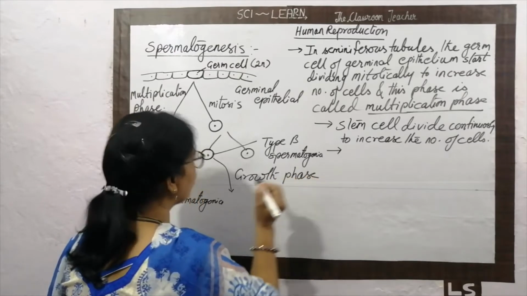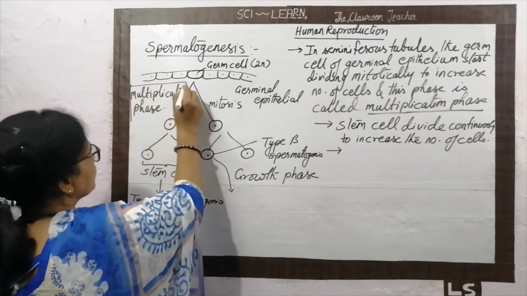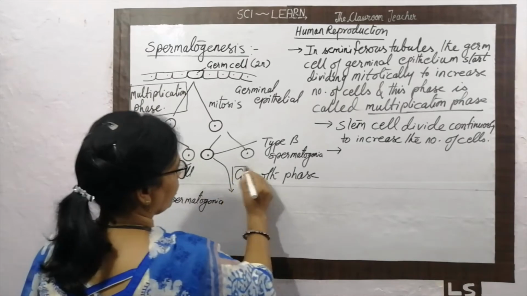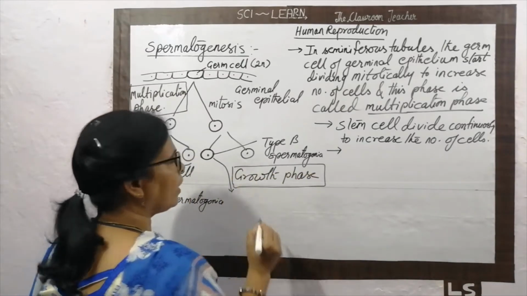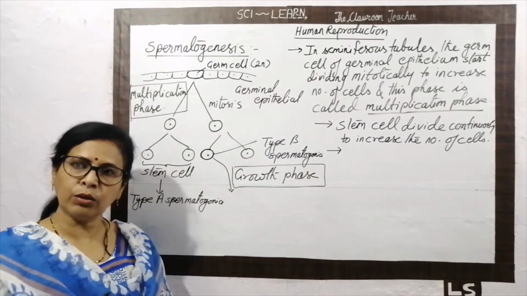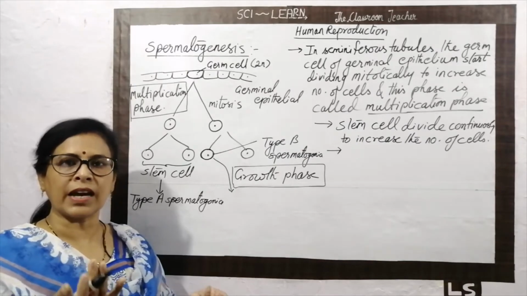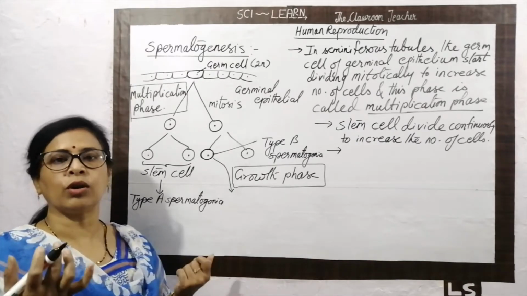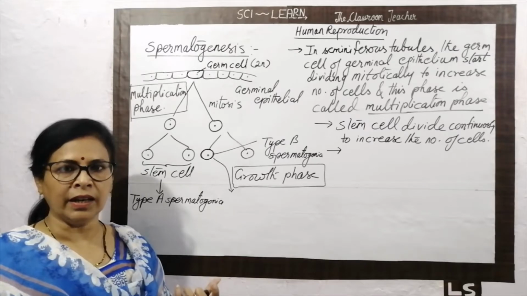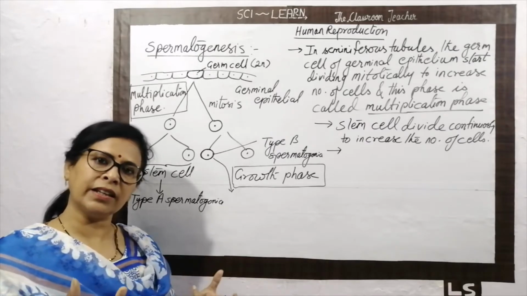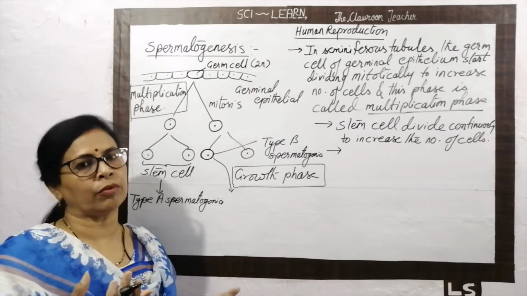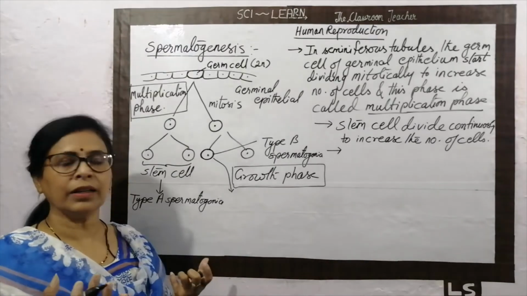Now what happens in the growth phase? Growth means only enlargement of the cell. The size of the cell increases. That is called the enlargement of the cell. And for enlargement, where does the cell get the nutrients? All the nutrients are provided by the germinal epithelium.